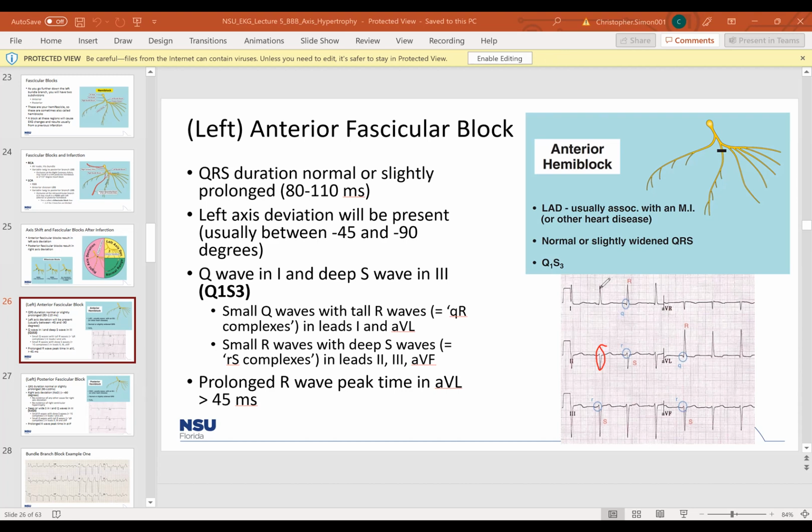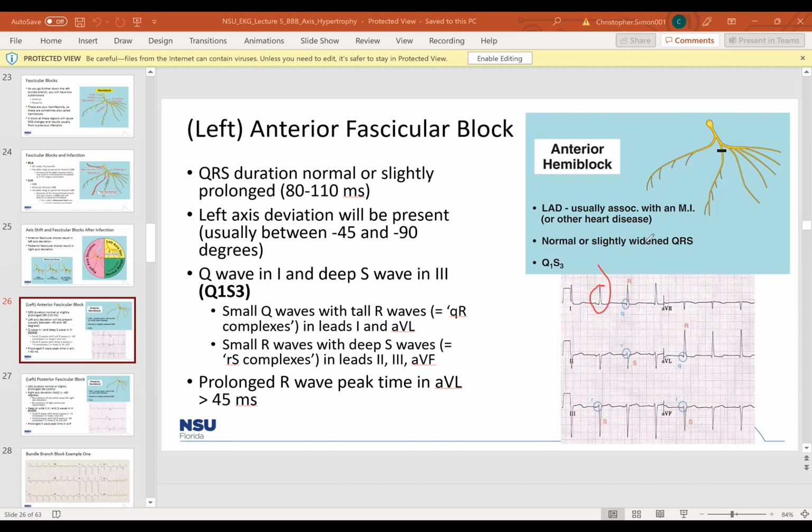Or you could say it the old-fashioned way and say we have a right bundle branch block with a left anterior fascicular block. Either way is acceptable. So all you've got to do is look at lead 2. But the two circumstances you do this are in the presence of a right bundle branch block or a left axis deviation.